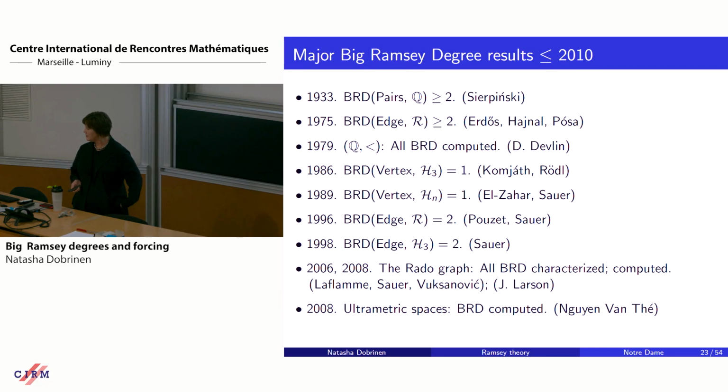And then we had Devlin's thesis work computing all Big Ramsey degrees for the rationals, and then we had some other vertex colorings and some more edge colorings, and then this other result that I have already mentioned.